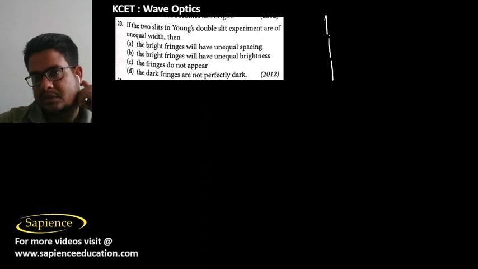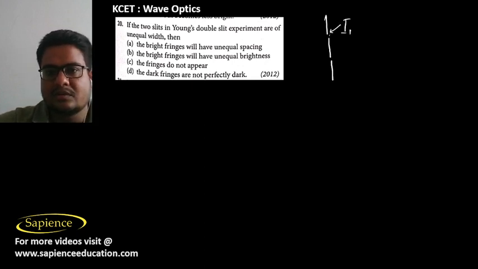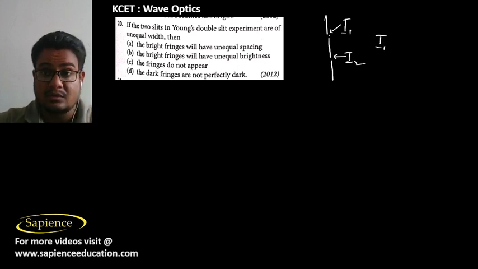That means if the intensity from one slit is I1 and from the other slit is I2, then I1 will not be equal to I2.